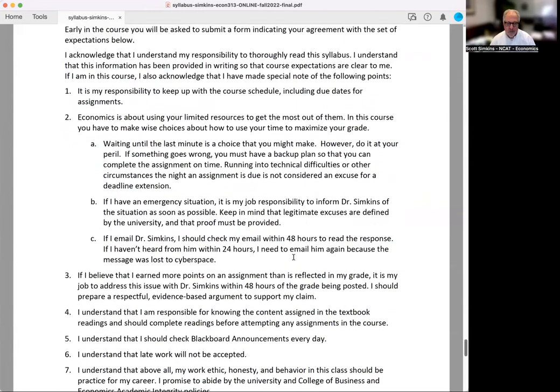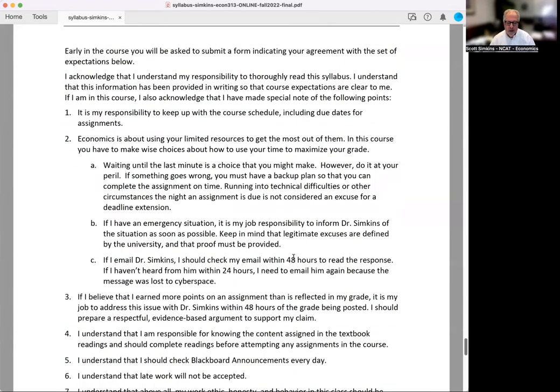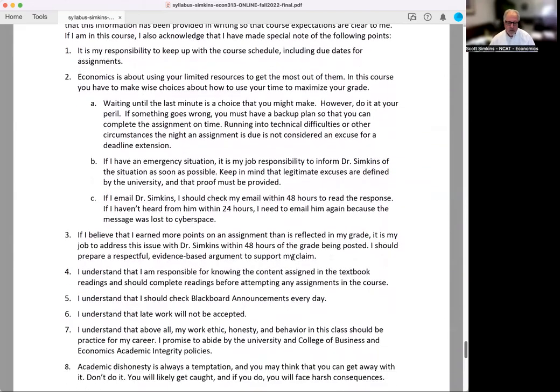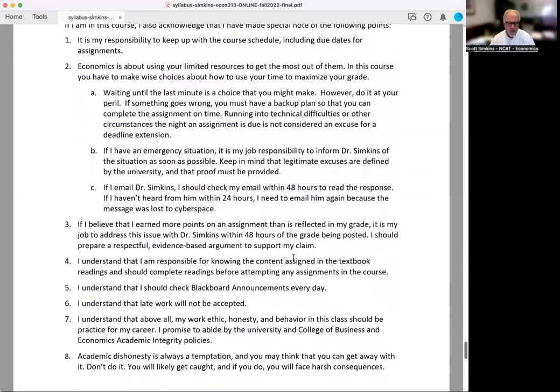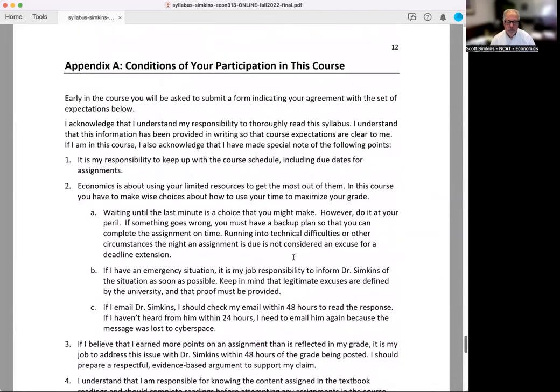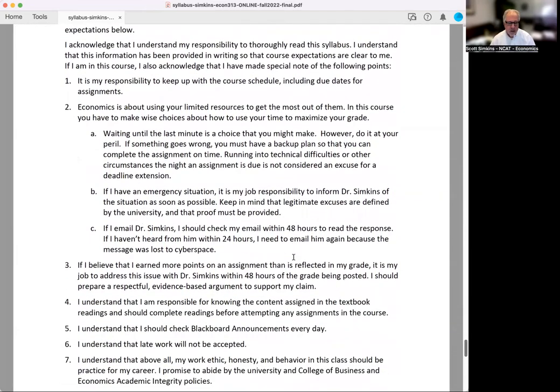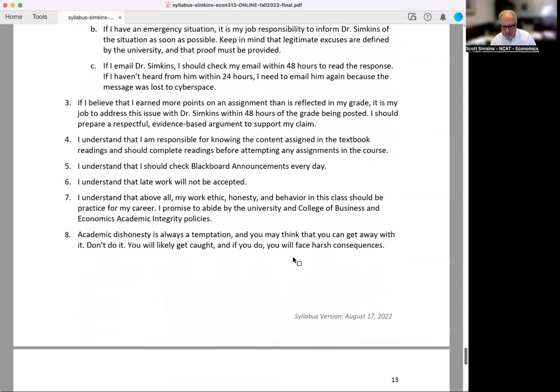You'll be getting this very early in the semester, and it goes through your responsibilities and indicating that you've read this, that you understand your responsibilities in the course, so that things are clear to you, and also clear to me that they're clear to you. So this is a copy of that, but you will get separately this form, and you'll be asked to sign it and upload it into Blackboard.